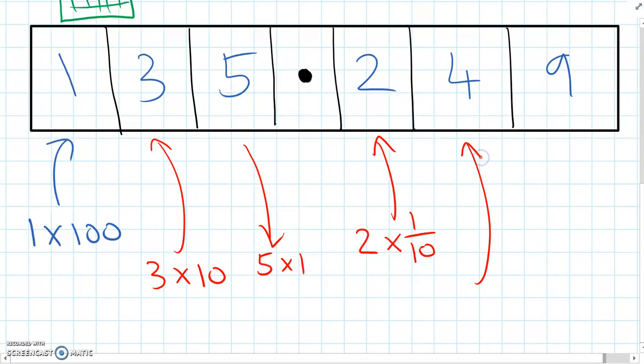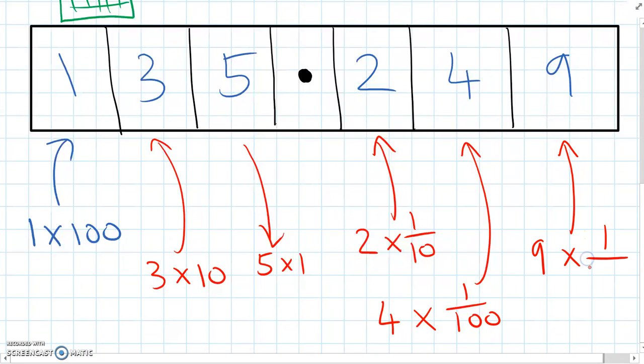The hundredth place value we can write as a fraction over 100, because that's showing 1/100th. And in this number we had 4 hundredths, so that's the same as 4 lots of 1/100th. And 9 thousandths we can write as 9 lots of 1/1,000th.